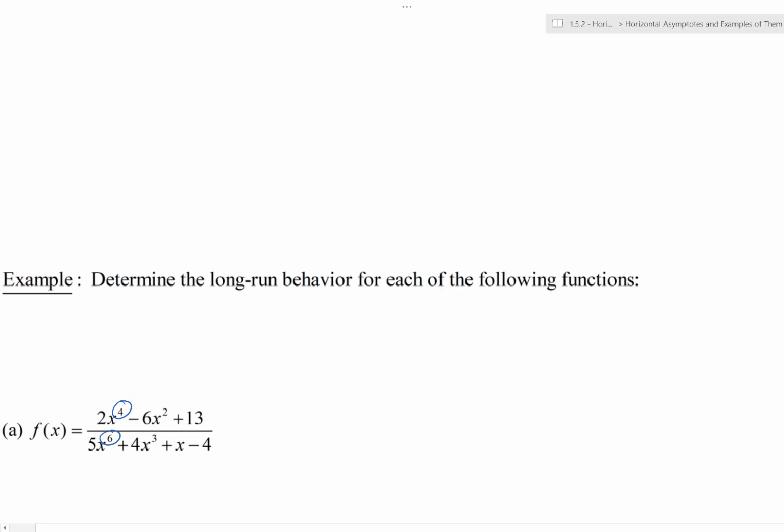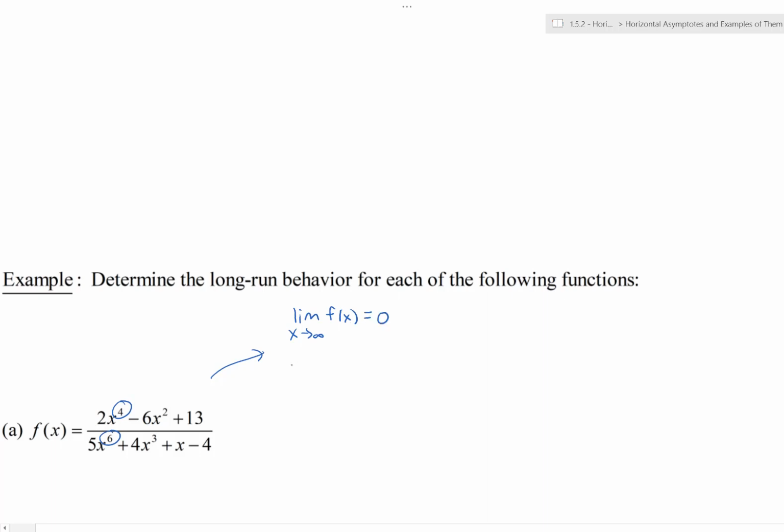6. So in this particular case, remember that if the degree in the denominator for a rational function is larger than the degree in the numerator, then this function is going to approach 0 as x goes to infinity and as x goes to negative infinity. So up here we can write limit as x goes to infinity of this function f of x, without having to rewrite the whole rule here, is going to be equal to 0.